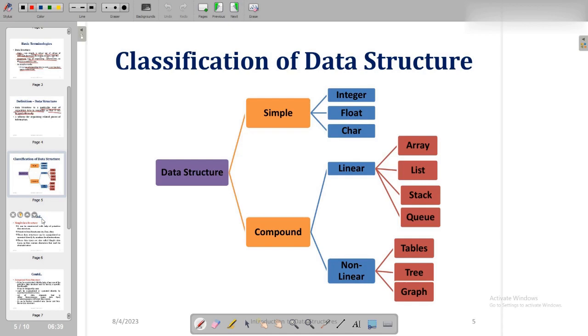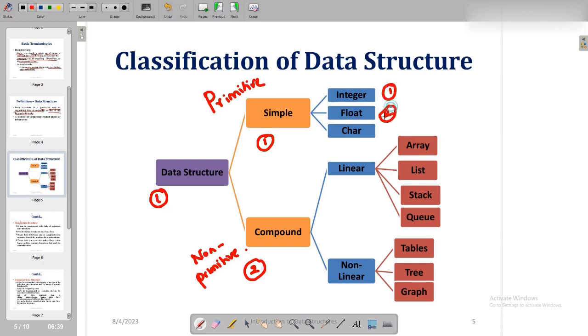Next is classification of data structure. Based on the complexity level, the data structure is split into two types. One is simple, another one is compound data structure. Simple data structure is also called primitive data structure, and the compound one is non-primitive data structure. Simple data structures may contain integer, character and float.